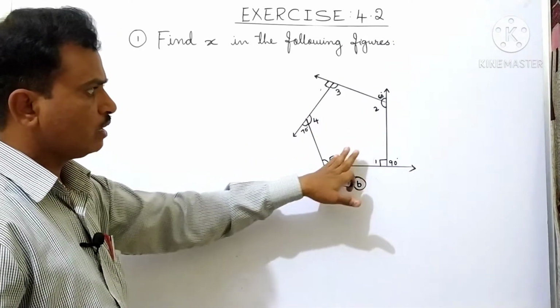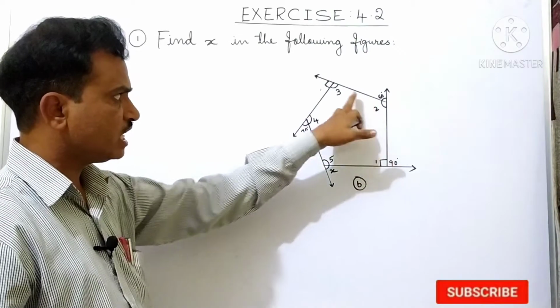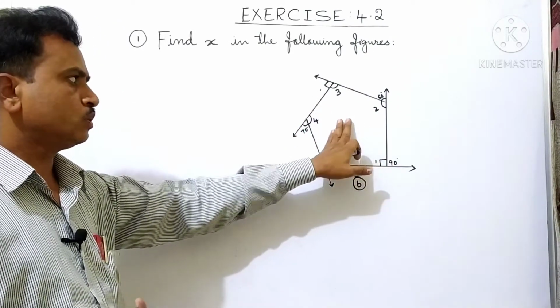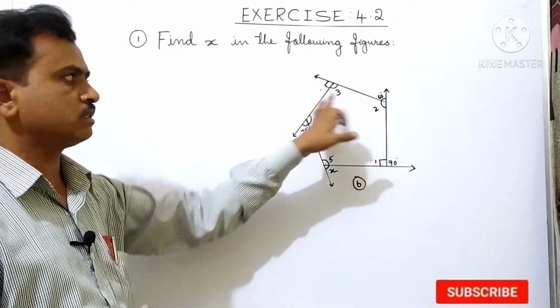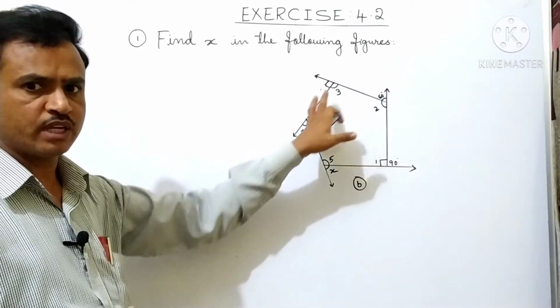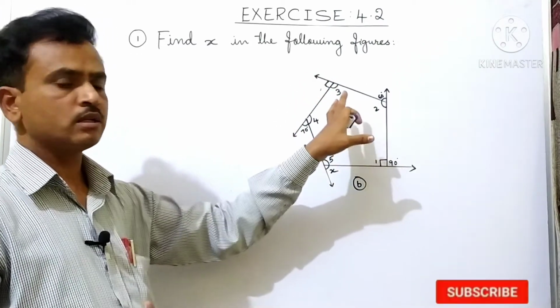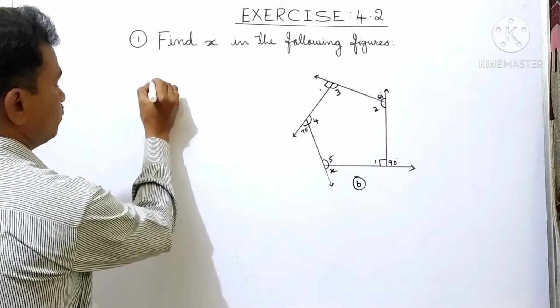Now we should find the sum of all 5 interior angles of this pentagon. To find the sum of interior angles of this pentagon, we can use a formula: n minus 2 into 180 degree.